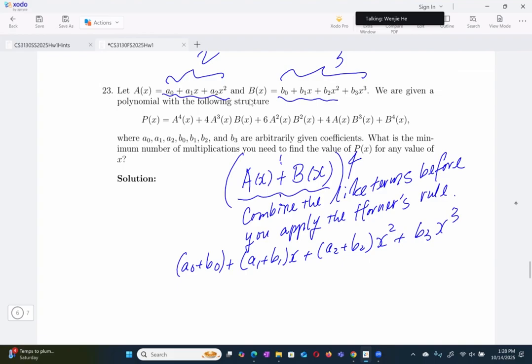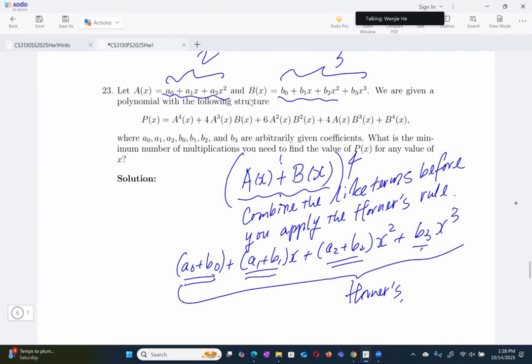When you combine like this, then you apply the wholeness rule. Because with the wholeness rule, you treat all these parentheses parts as one number. And in this way, you share multiplications.